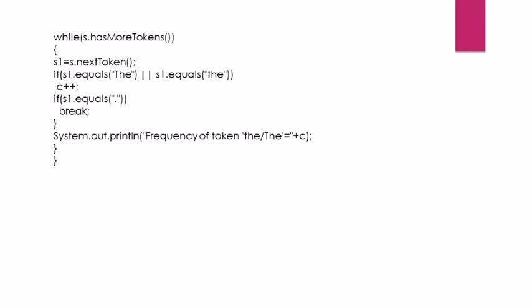This is how the StringTokenizer functions hasMoreTokens and nextToken work. After this, System.out.println, "frequency of the token the equals" c. I hope this method is also clear to you. Please have a look at the output also. See, this is the output which will come when we compile and execute the program.